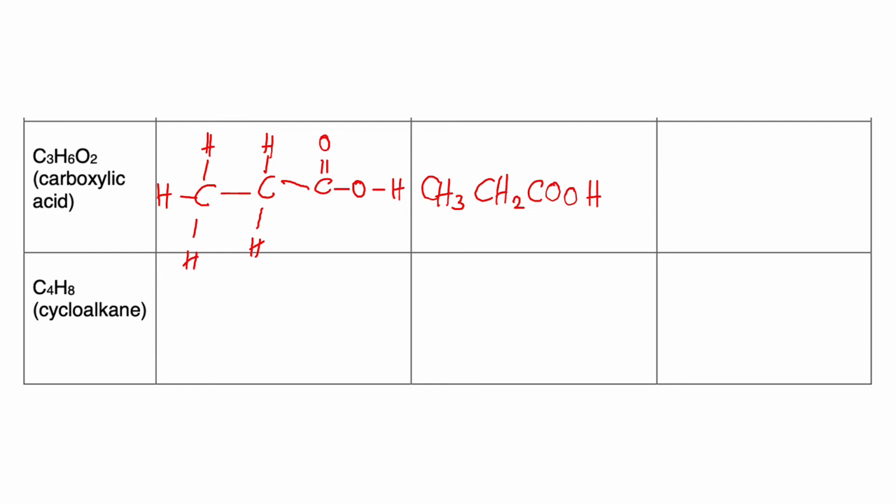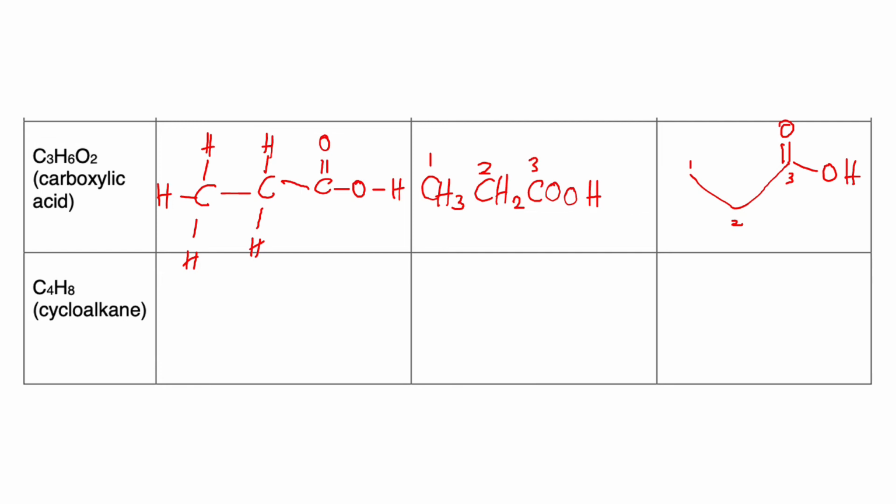Okay, so it has 3 carbon. 1, 2, 3. But there's OOH. So that OOH we will draw like this. OH. This one. Okay, this is carbon 1, carbon 2, carbon 3. So at carbon 3 there is COOH. So we draw it like this. Okay.